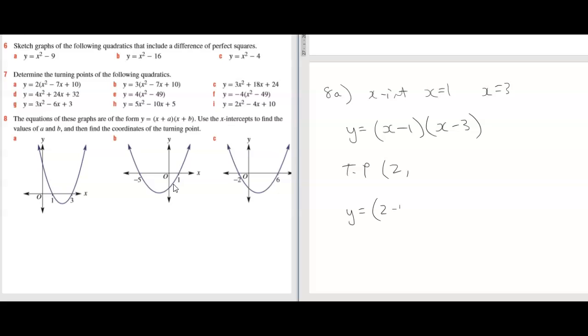So we're going to have 2 minus 1, 2 minus 3. So 2 minus 1 is 1, 2 minus 3 is -1. So your y coordinate is -1. And you can have a look at the graph and you can see that it is below. Okay, so if you got +1, you might think, oh, I've made a mistake somewhere. All right, so that's question 8.